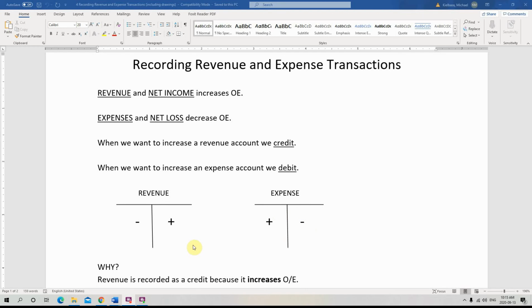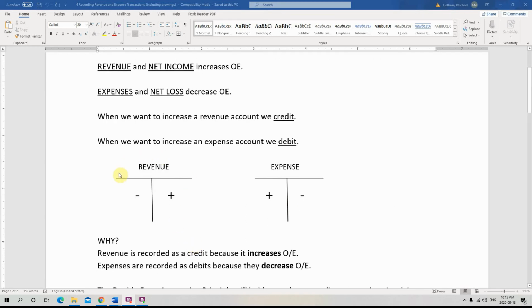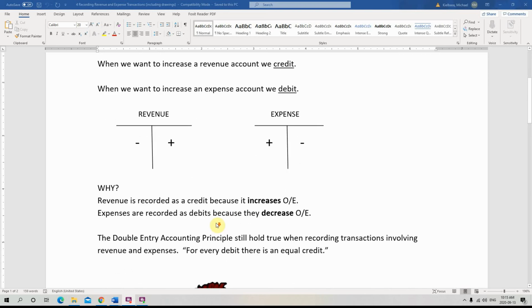Now, if you remember the basic rule, revenue follows the same rules as owner's equity, and expenses are opposite of owner's equity. Now, the double entry accounting principle still holds true even though we introduce revenue and expense accounts.